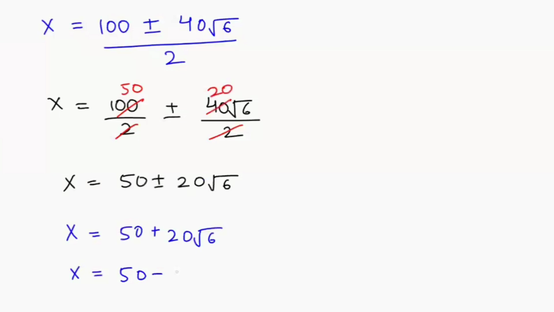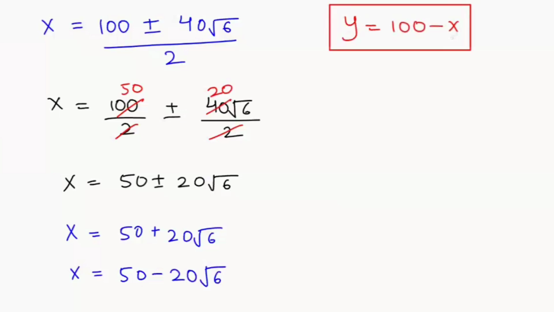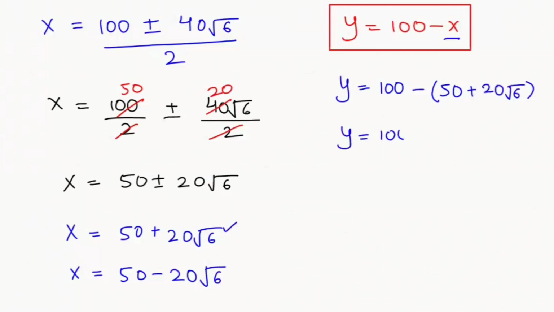Now, by plugging this x value into equation 3, I will find the value of y. Equation 3 is y equals 100 minus x. Now I will plug in the x value, the positive one first. y equals 100 minus (50 plus 20 root of 6). y equals 100 minus 50 minus 20 root of 6.